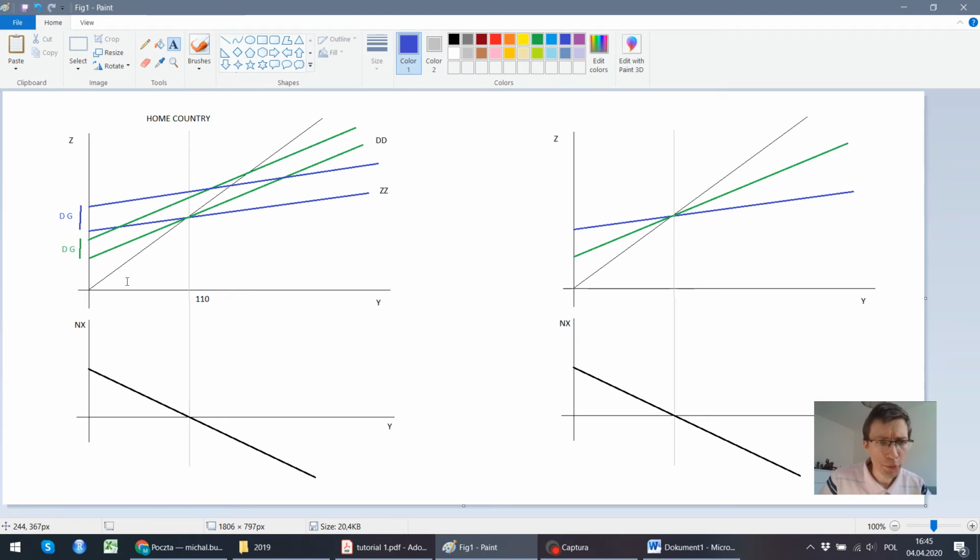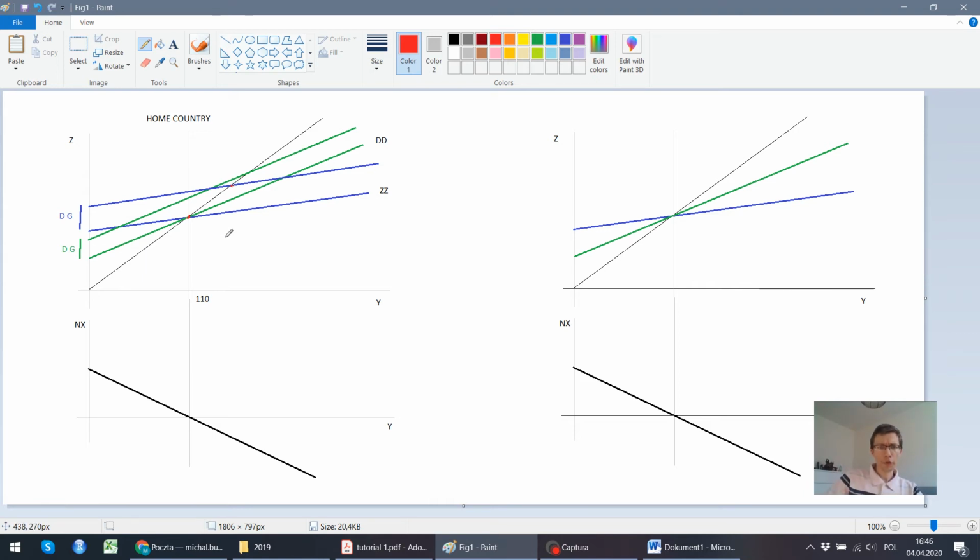And necessarily, what we observe is that the new equilibrium is now moving from the initial point here to the new point, which is exactly the crossing between the new Z curve, the total demand, and the 45-degree line, right?